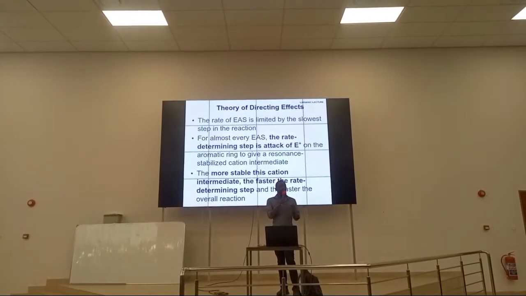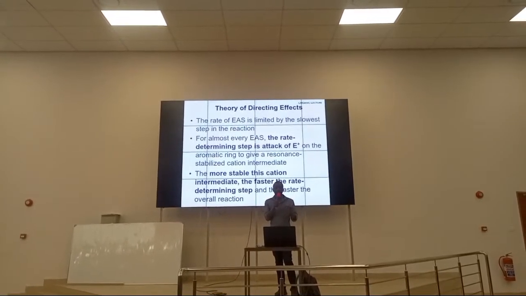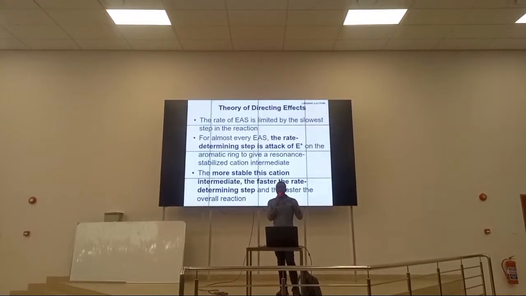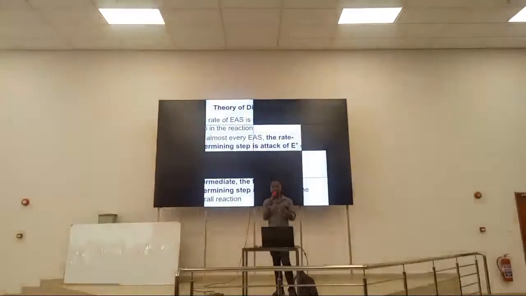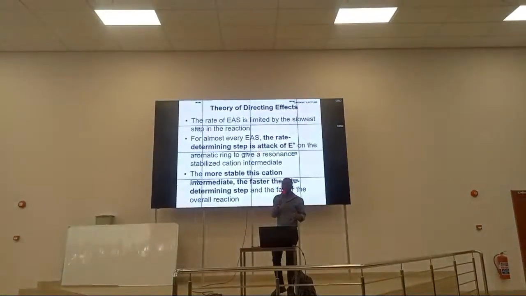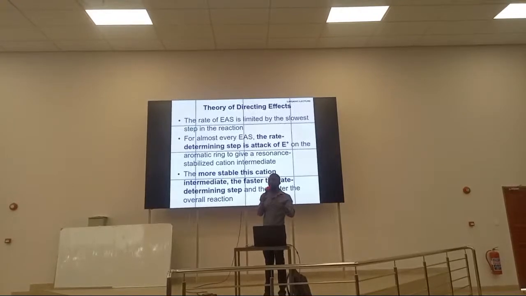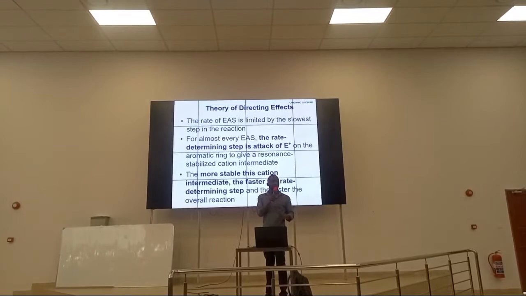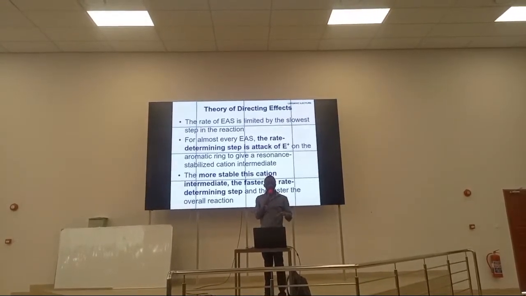One thing that we need to understand is that the slowest step in electrophilic aromatic substitution of benzene is the addition of the electrophile. The first step, which is the attack of the pi bond in the benzene, involves the disruption of the very stable aromatic system. So that one has a high activation energy, and therefore it is the slowest.